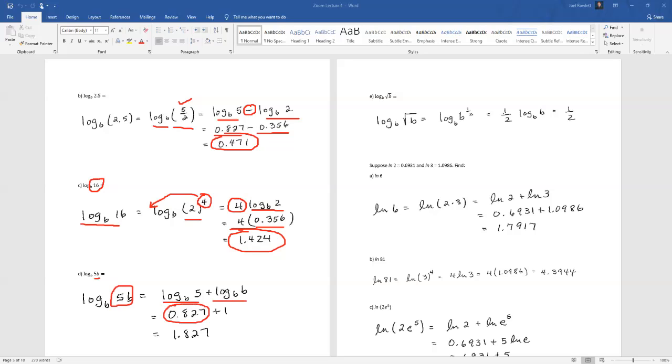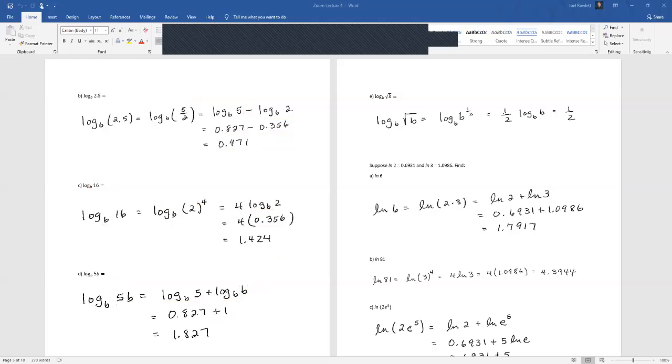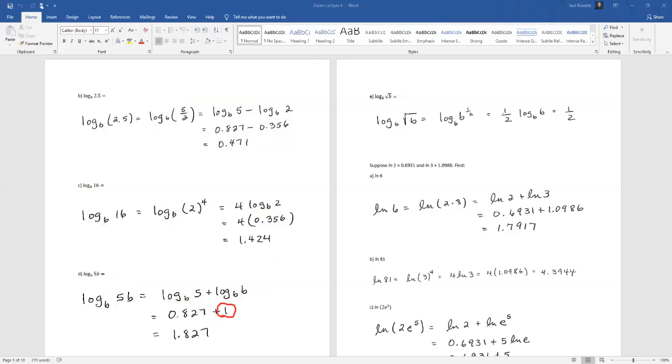How did I get a 1 here? How do I know that log base b of b is 1? Because b to the power of 1 would give me b, which means that log base b of b is 1. And if I take this 1 and add that to the 0.827, that gives me 1.827.